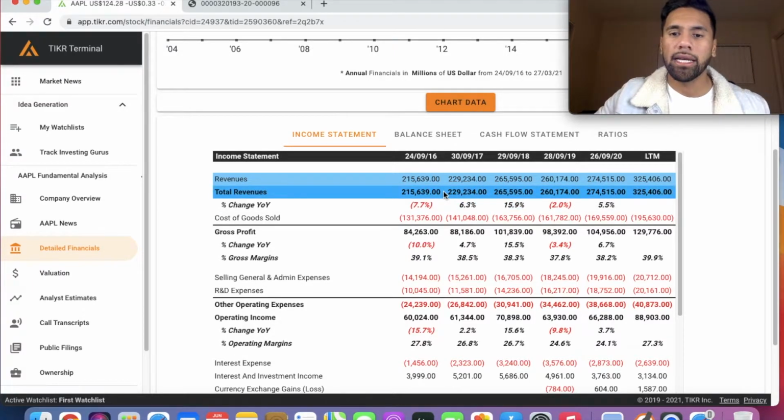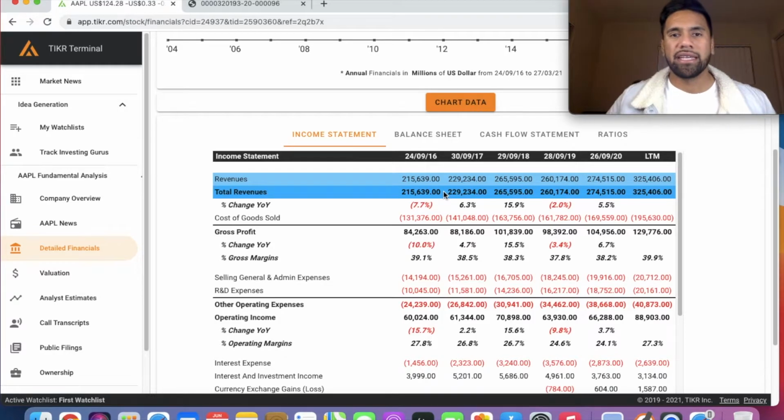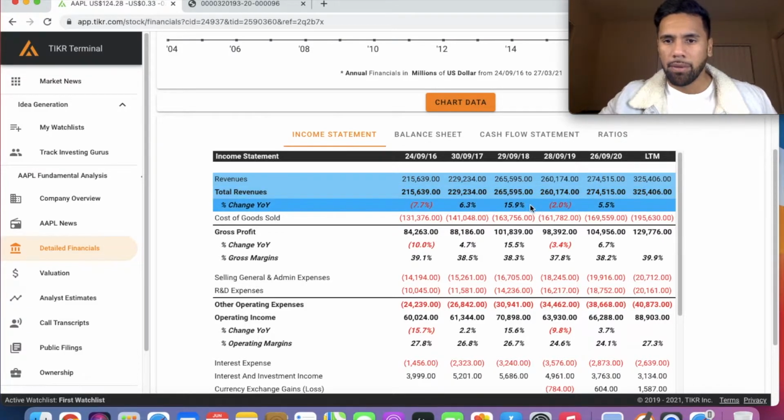For a company like Apple, normally that would be, well, not concerning, it depends on the situation the company's in, but you want to at least see a steady pattern. But in Apple's case, because they're such a large company, a trillion-dollar company, it's difficult for them to see large growth.